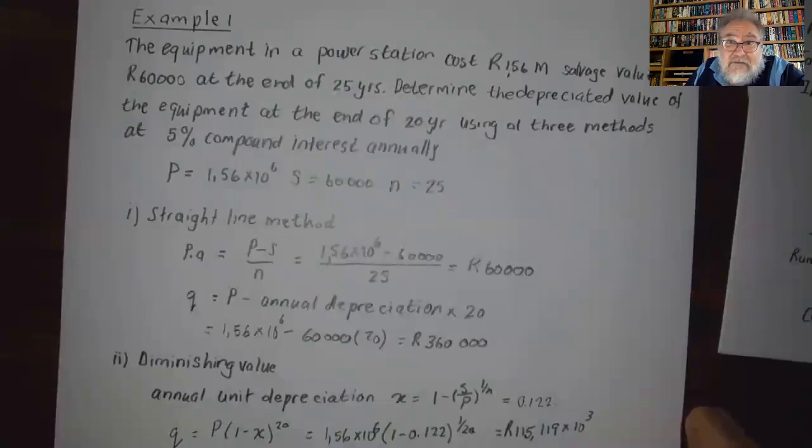The salvage value is 60,000 at the end of 25 years. Determine the depreciated value of the equipment at the end of 20 years using all three methods at a 5% compound interest. So there we have P is 1.56 times 10 to the power of 6, S is 60,000, N is 25.